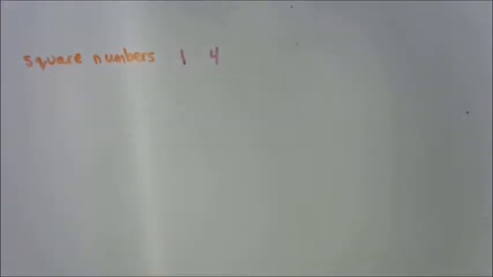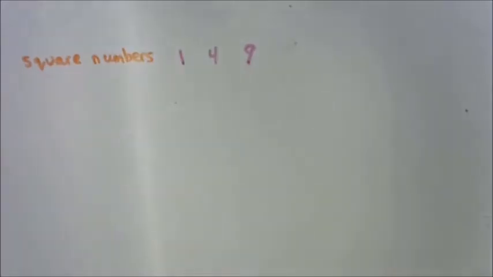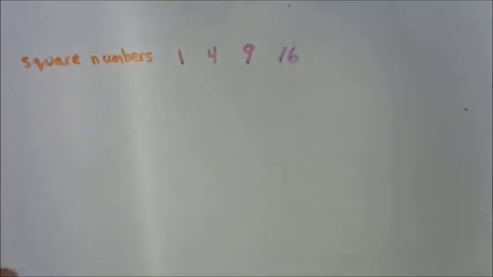Jonathan, what's the next square number? 6. 8. 16. Wrong. Tanner? 2. Wrong. Lindsay? 9. Isaiah, what is the next square number? 14. No. Paul? Vlad? 18. No. 16. Emma, what is the next square number?